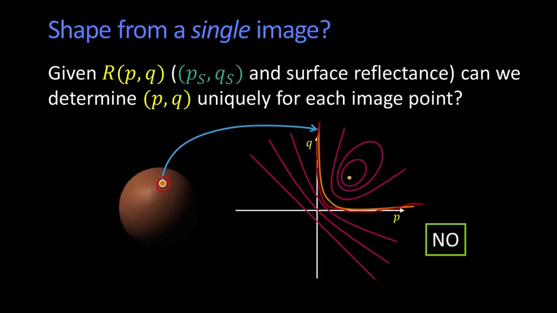So if I want to compute shape from a single image, how might we do that? Well, this is an example of an ill-posed problem, and we need some additional constraints. We need additional information, like the lighting is known, or boundary conditions, or maybe even other information.